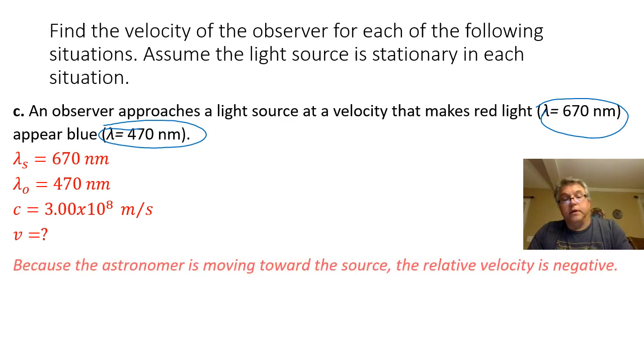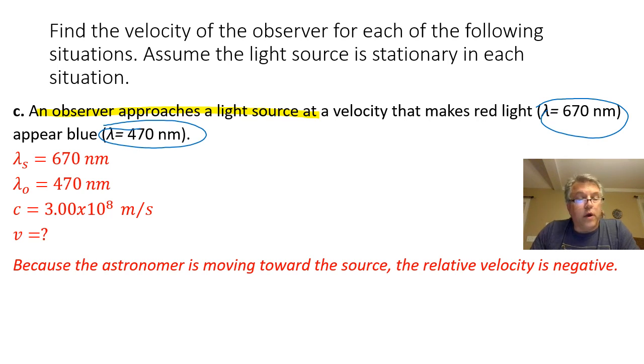I know this is getting a little repetitive, but this is the last one of these we have to do. Once again, because the observer is approaching the light source, the relative motion between the observer and the source is toward. And using our wavelength equation, if the relative motion is toward each other, we have to have a negative velocity.